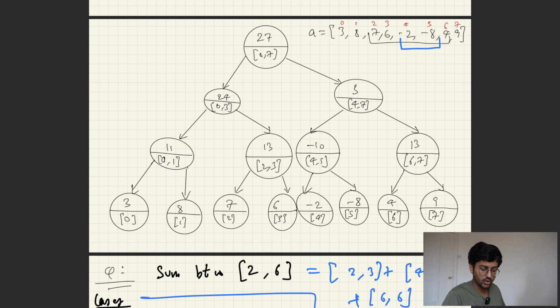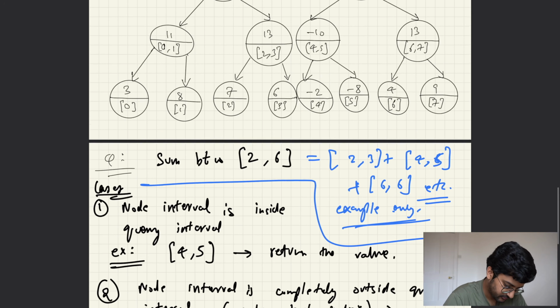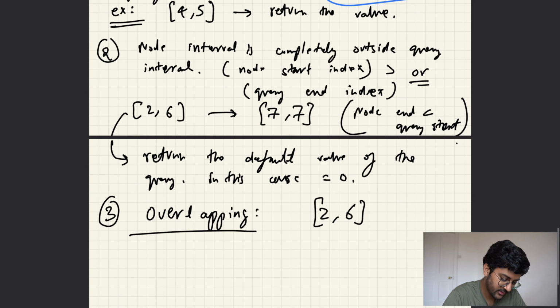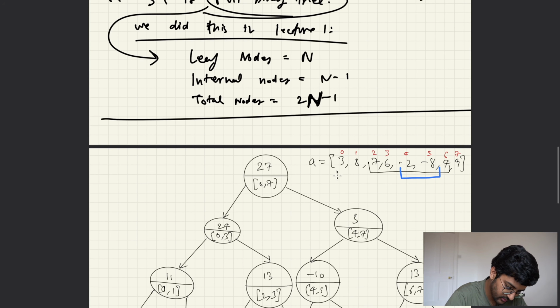It does not have 8 indices, so I'll just put 7 here. Let's say you have 0, 3. So an example can be 0, 3 because it's overlapping, as you can see over here. This thing is overlapping.